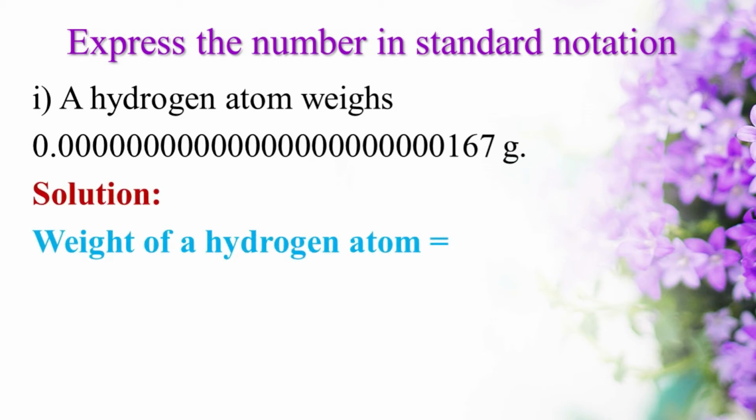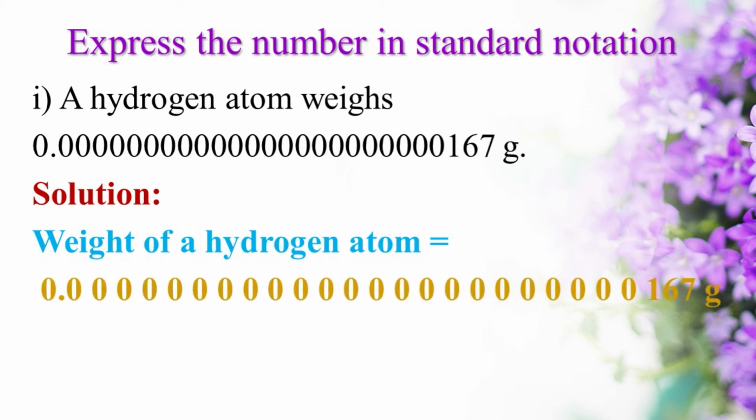The solution is: weight of a hydrogen atom is equal to 0.0000000000000000000000167 gram. Takes a long time, right? We are going to write this number in scientific notation shortly.